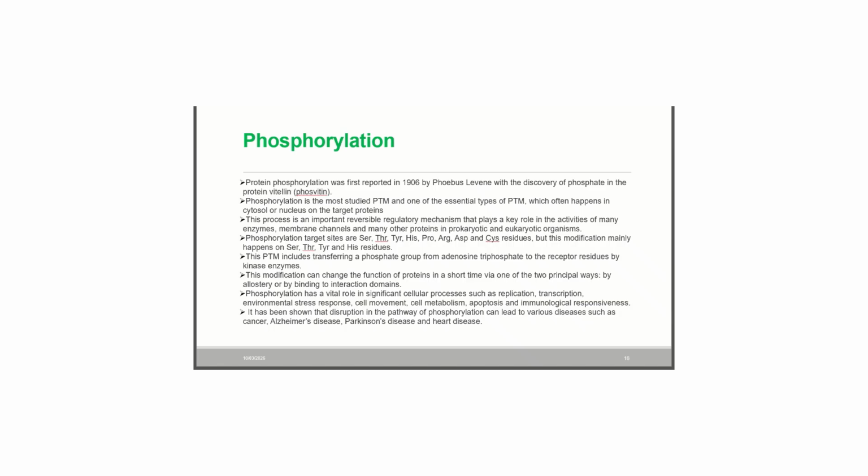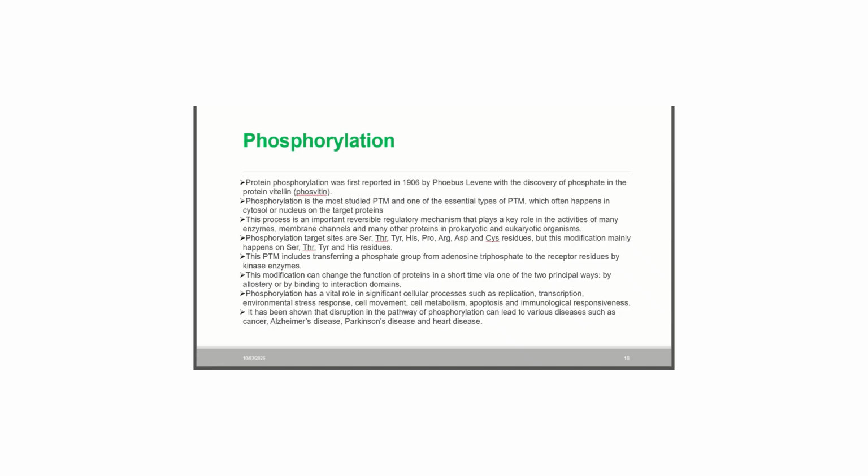This will cause a conformational change that modifies the protein's activity, and this can happen within the cells. But usually in this case, the protein function will be changed. The other way is that the phosphate binds to its interaction domains where these residues are found within the polypeptide sequence.